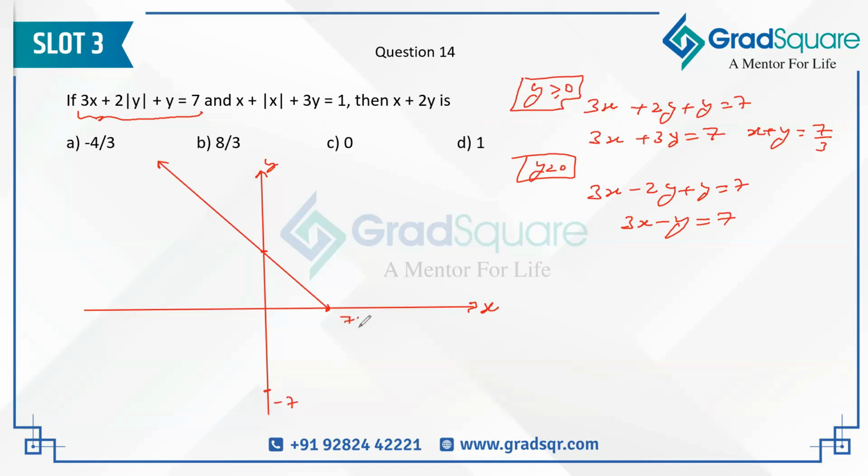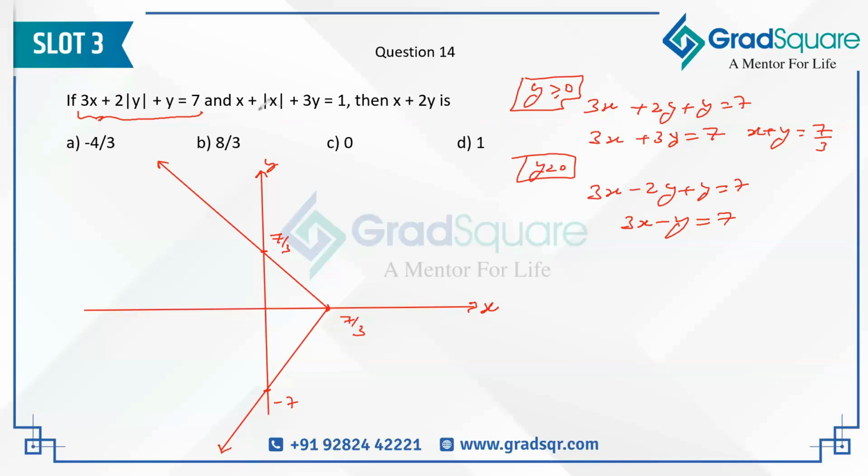This was 7/3 over here, and this was also 7/3 over here. Now, if I put y as 0, x will turn out to be 7/3. Put x as 0, y will turn out to be -7. So these are the 2 points that you are looking at. Now you can join these 2 points and extend it only in the region where y is less than 0. So this will be the graph of your first equation.